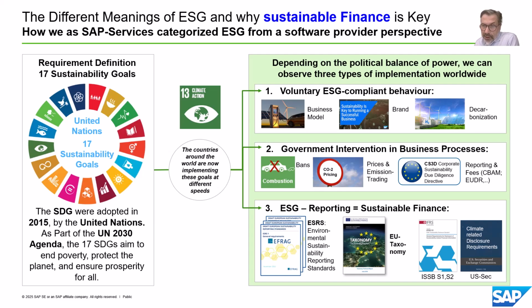The IFRS adopted the so-called ISSB standards, also standards to report your climate position in your company, and the US SEC adopted 4 years ago the climate-related disclosure requirements. So not only Europe is doing regulatory ESG reporting, also other parts of the world are heavily involved in the creation of regulation to make more transparent how ESG compliant a corporate customer really is.